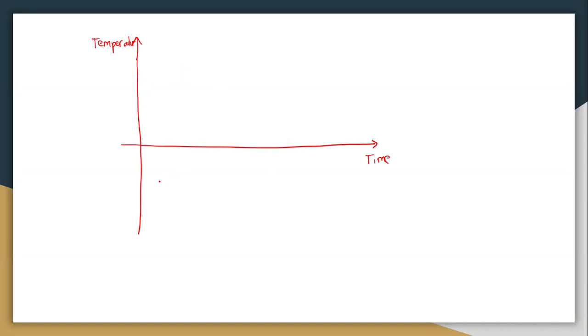Now, these curves show us how substances change state from one state to another. So this is going to be my curve, and I want to show you what you need to know going forward. Now, this is where I have my 0.